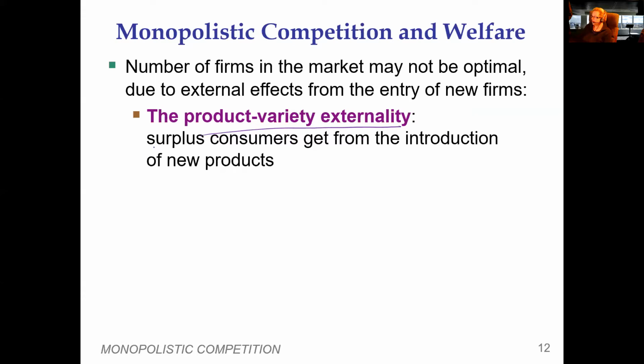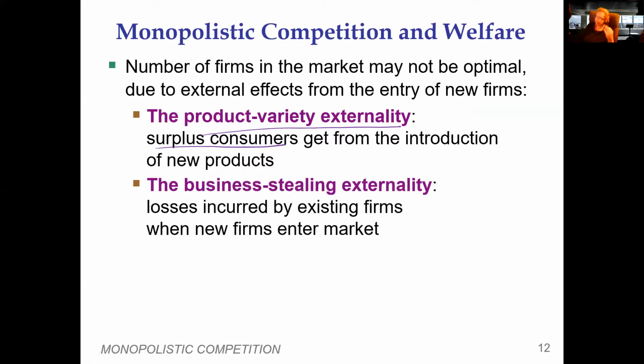And this is a surplus, consumer surplus from the introduction of new products, okay? And business stealing can happen also in a monopolistic competitive market when we take a look at the quantity equilibrium. So this is a loss. So we have a positive externality here and a negative externality in terms of a consumer standpoint.